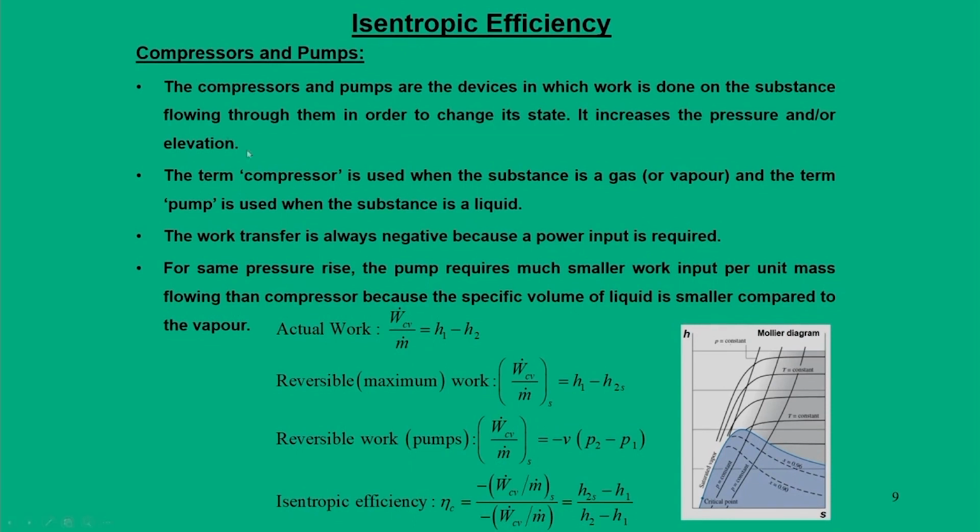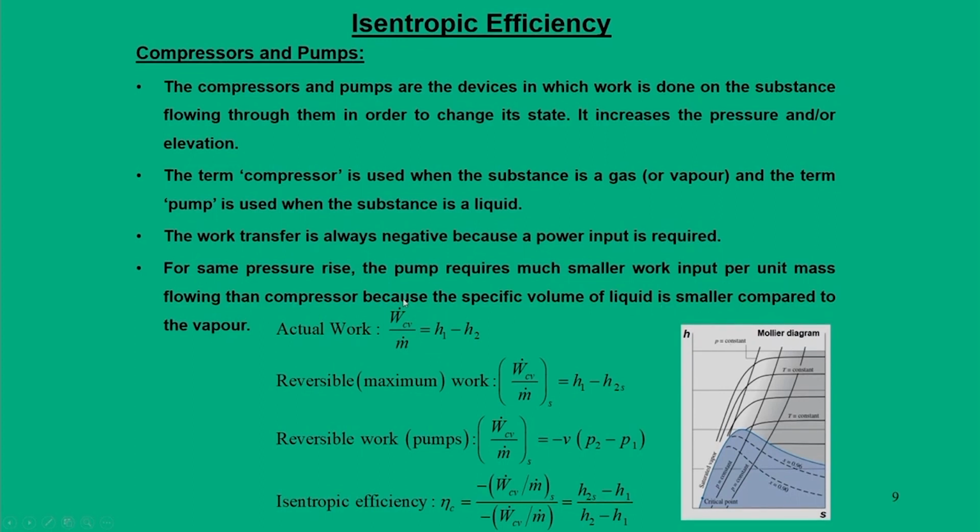Whether it is a compressor or a pump, the work transfer is always negative because it requires power input. For the same pressure rise, a pump requires smaller work per unit mass flowing through, because the specific volume of liquid is smaller compared to vapor.